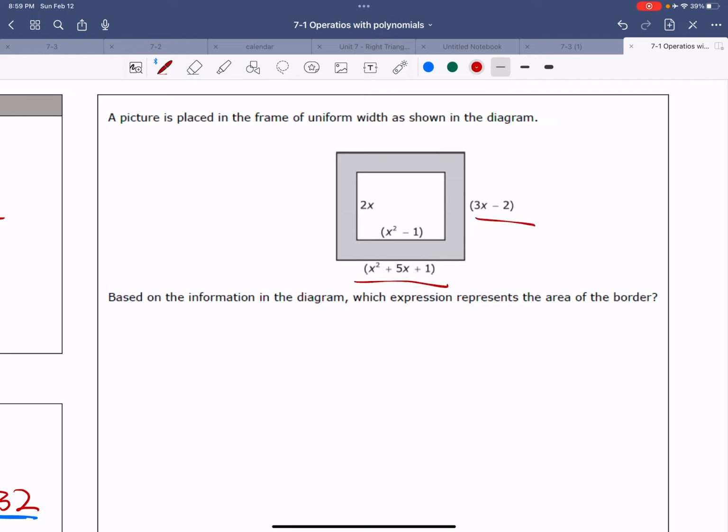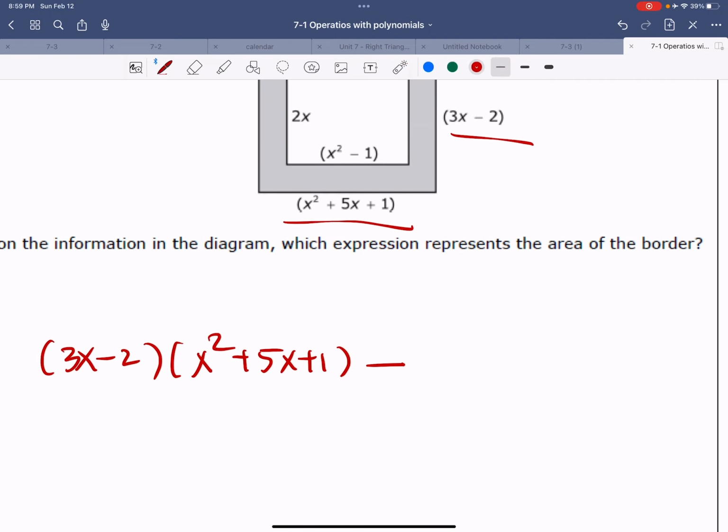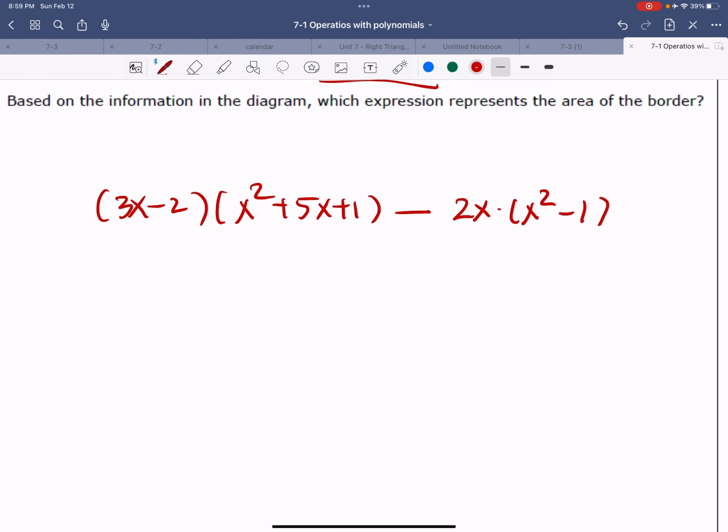Base times height, which is 3x minus 2 times x squared plus 5x plus 1. So that's the area of this whole rectangle, minus the area of this small rectangle, which is 2x times x squared minus 1. And that's all you need to do.